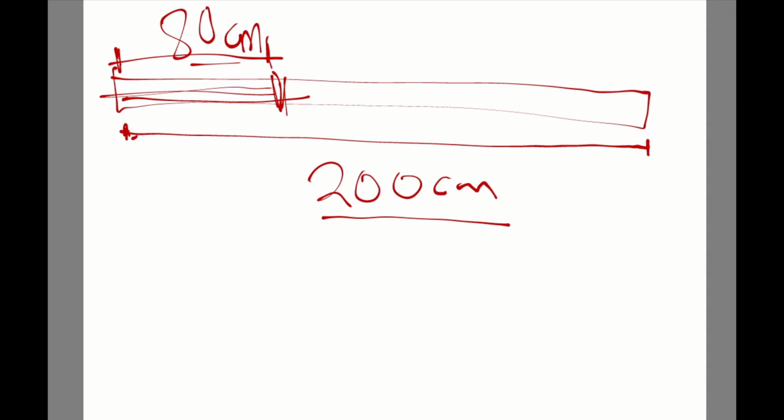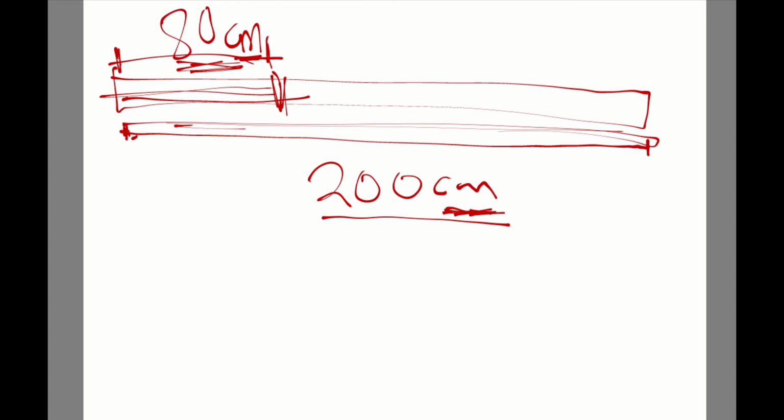So we saw that, to express one quantity as a fraction of another quantity, we make sure both quantities are in the same unit. Realize that the 80 centimeters and the 200 centimeters are both in the same unit.